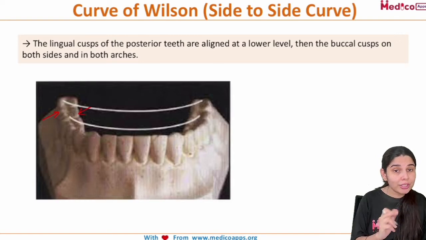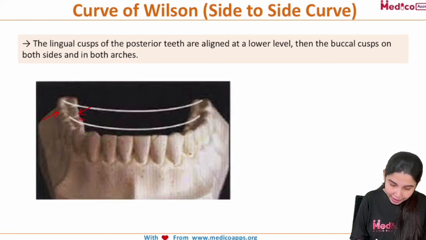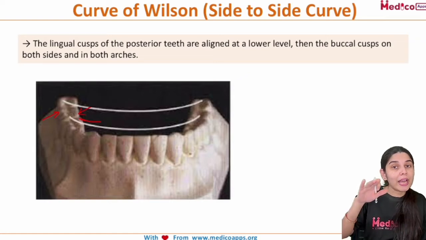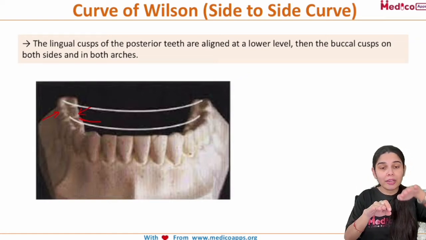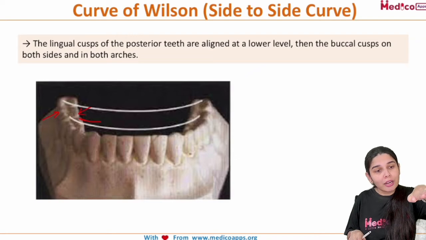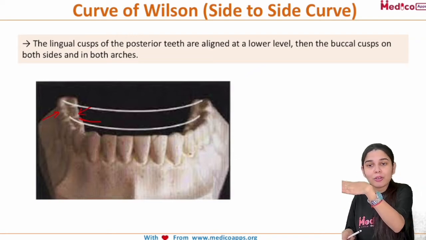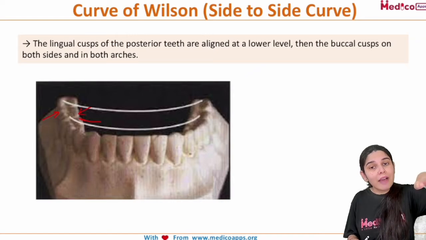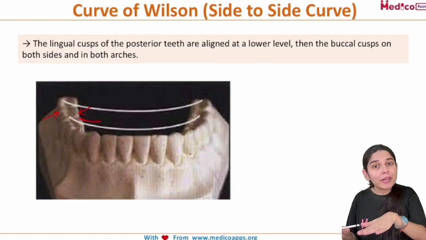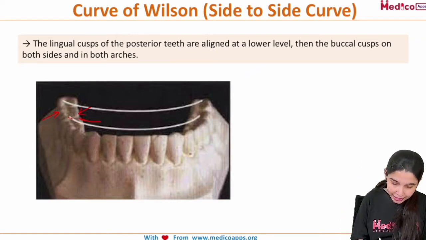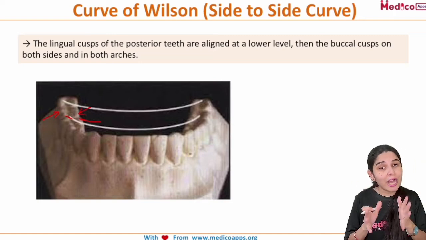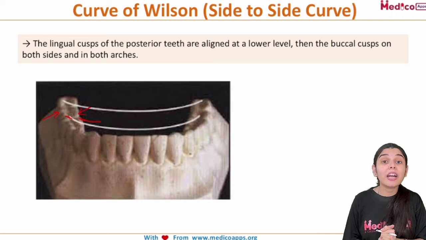Now if you notice, the lingual cusps, the cusps which are inside, will be at a lower level. If you draw a curve, it goes something like this. So the lingual cusps of the posterior teeth will be at a lower level as compared to the buccal cusps, which will be at a higher level on both sides and in both arches. So that is the curve of Wilson.